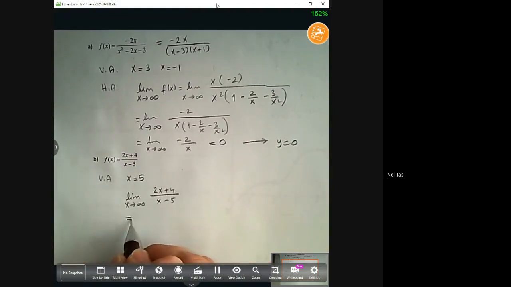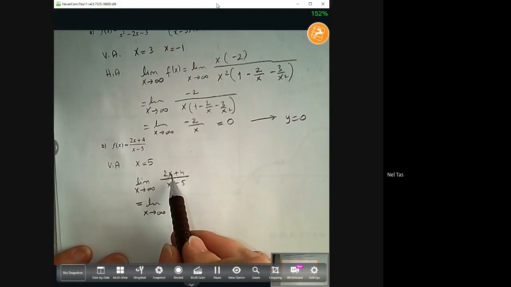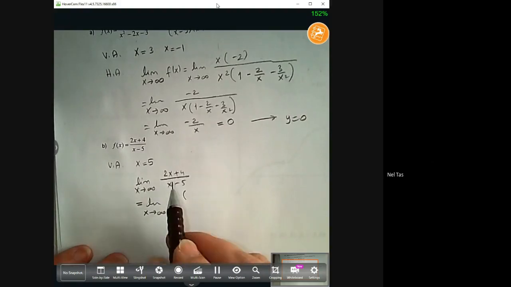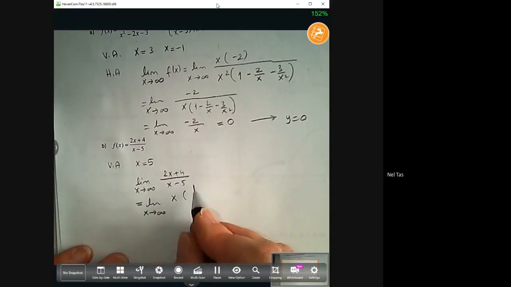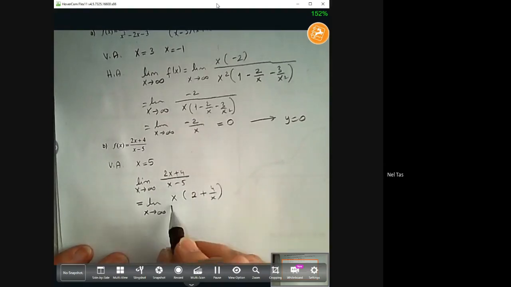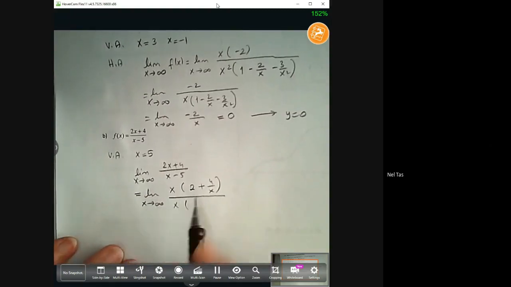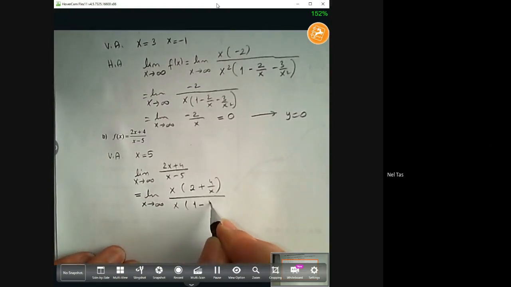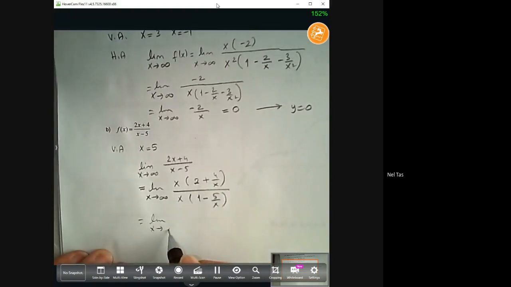So here, the limit as x approaches infinity. Find the highest degree in the numerator, that is x, and divide each term by that. So 2x divided by x is 2, and 4 divided by x is 4 over x. In the denominator, again, x has the highest degree: x over x is 1, minus 5 over x. So now you see that x and x cancel.